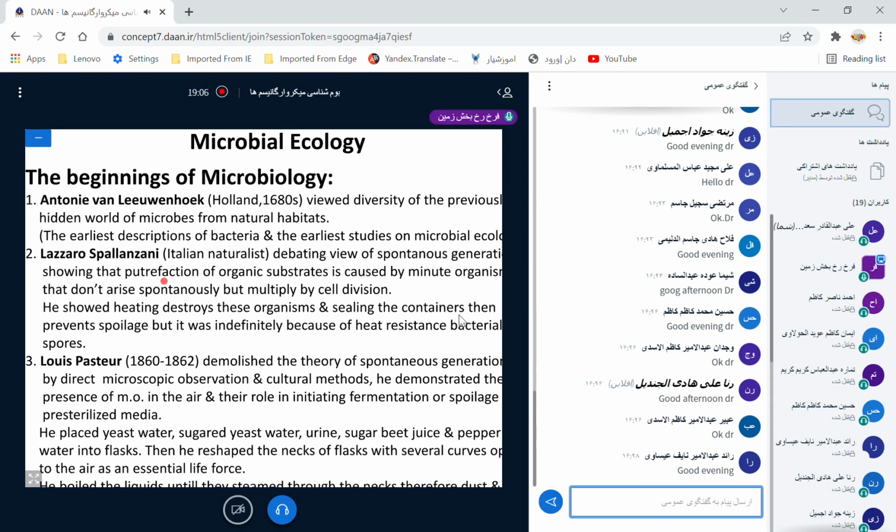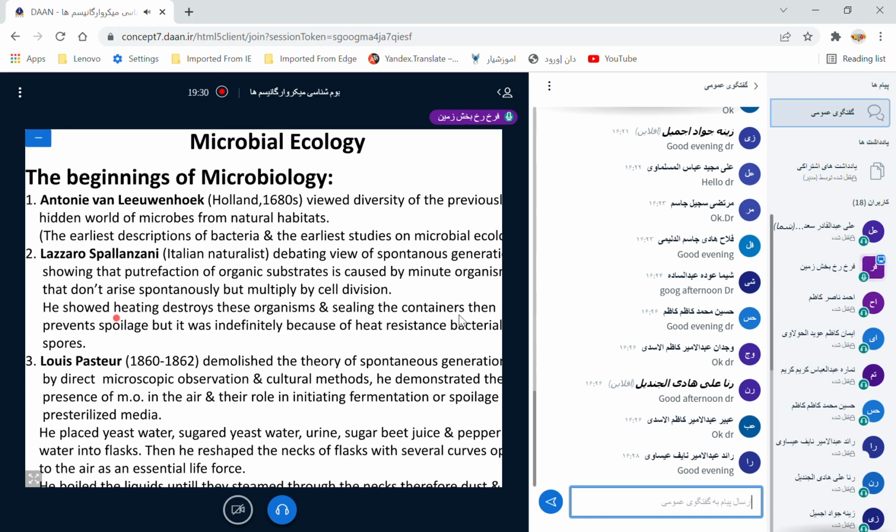They don't come from nothing, without a parent. So he showed that putrefaction of organic substances is caused by minute organisms that don't arise spontaneously, but multiply by cell division.